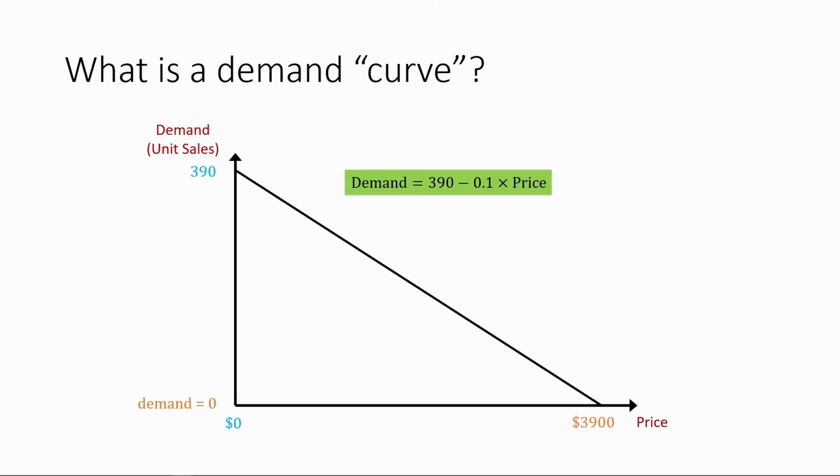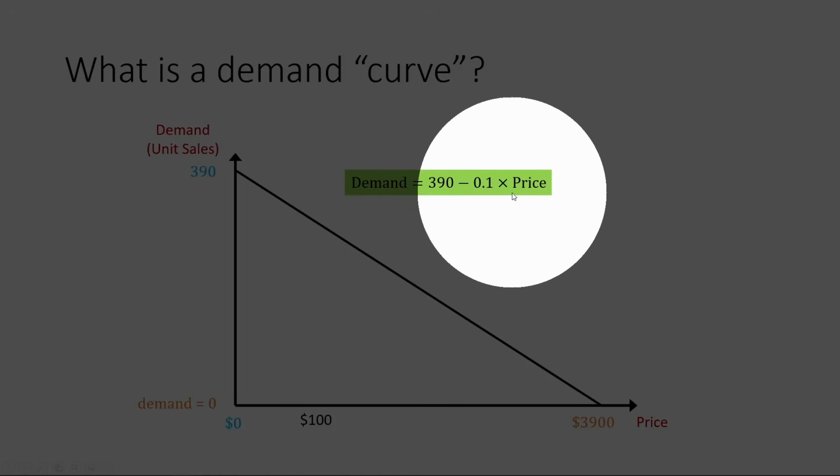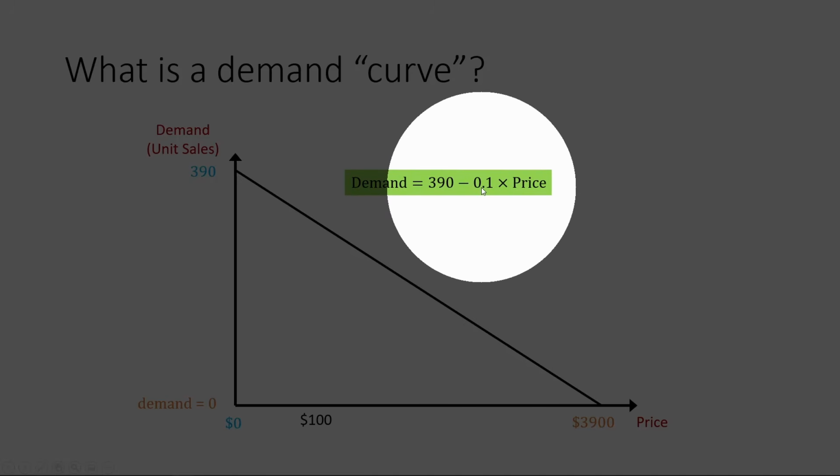And if you have a point in between, let's say $100, what if the price is $100? The demand curve would help us find out the demand at a price level. Analytically, we can plug in the price of 100 here. 100 times 0.1 is 10.